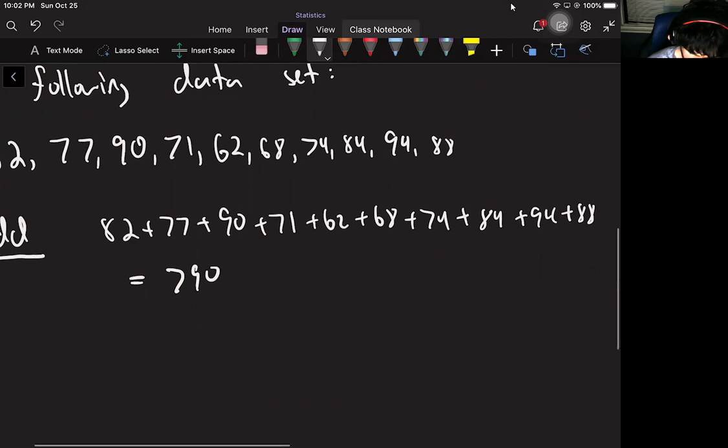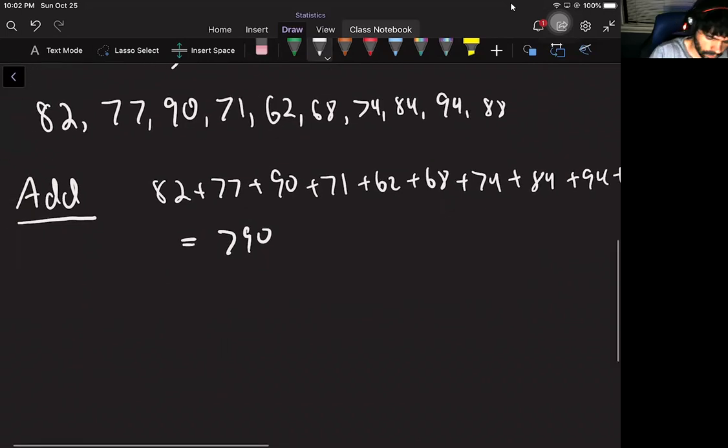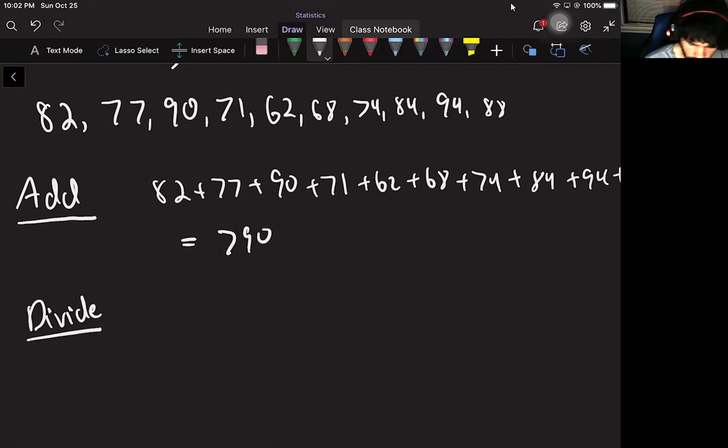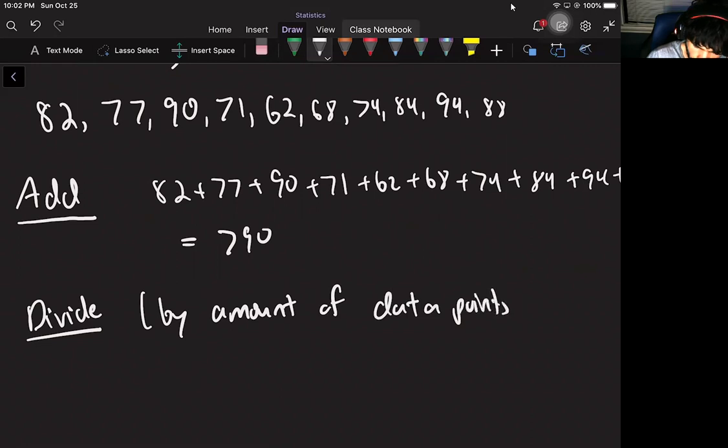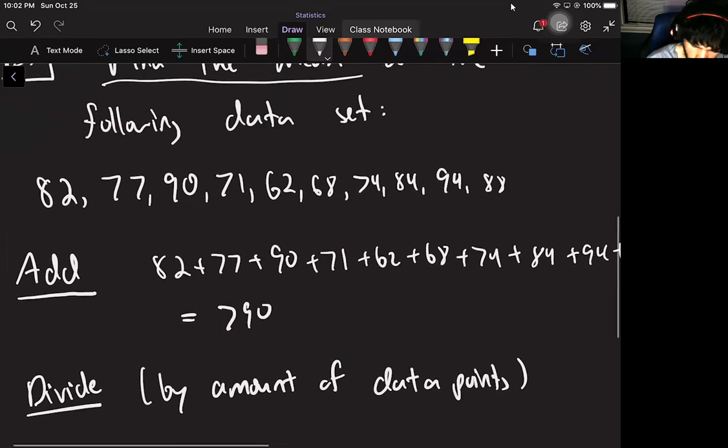Okay, and then the next step to calculating the mean is you take that result and you divide specifically by the number of data points, meaning how many numbers are there in this list.